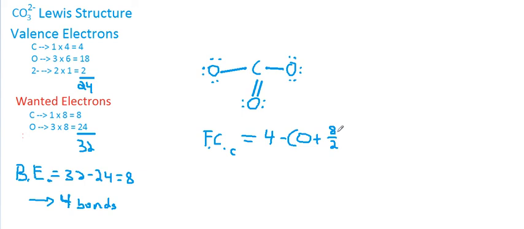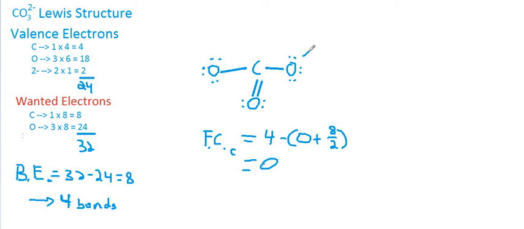This is accounting for electrons, and the way this formal charge thing works is it's like saying, every bond is 1 electron to one element in the bond and 1 electron to the other element in the bond. That's why you take the total number and divide it by 2. You're dividing up the bonding electrons accounting-style between different elements. So if I do the math on this, I get a formal charge on carbon of 0.